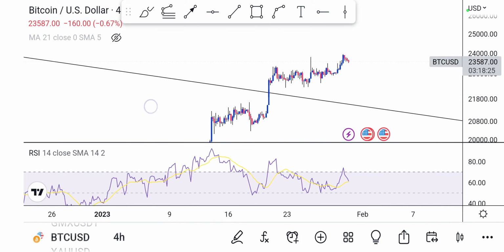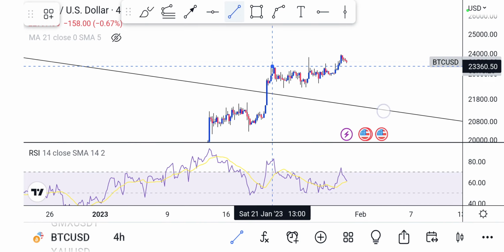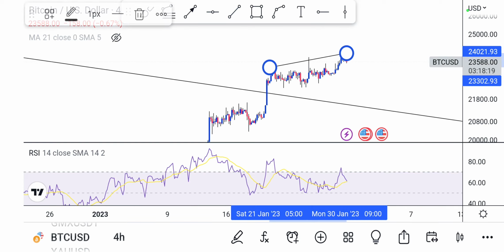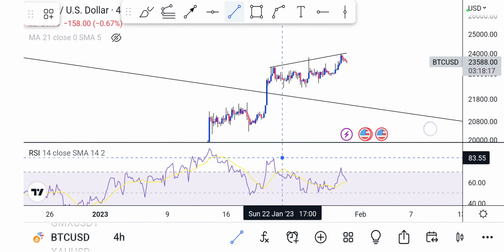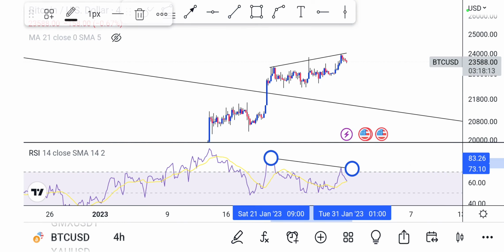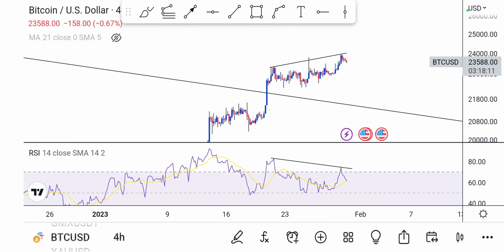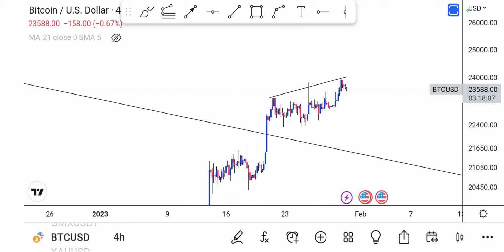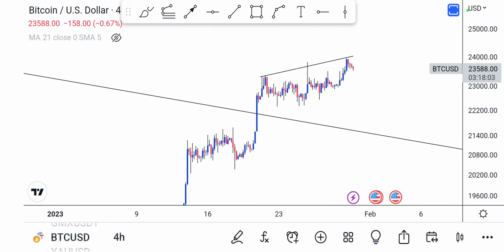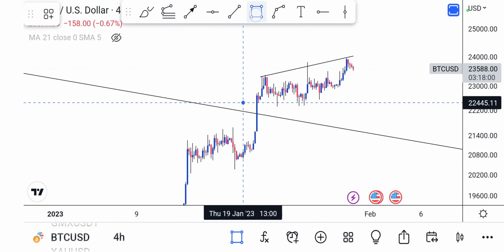This is a bearish divergence here. You can see this is going up this way, and this is coming down this way. So this indicates a bearish move. So what are the possible push backs down if this were to dump or push back heavily? First thing first, we'll focus on this level here.